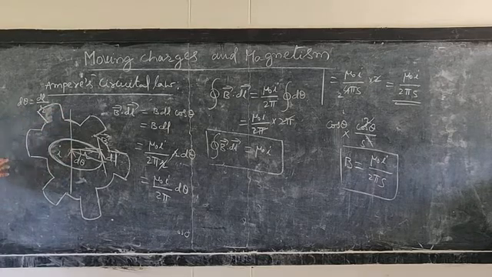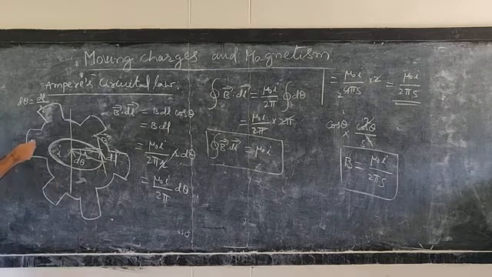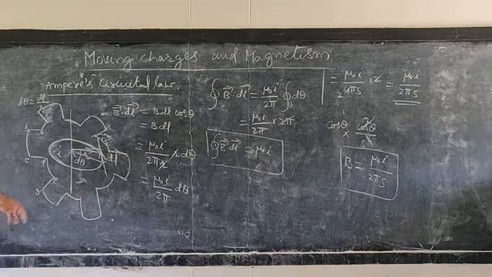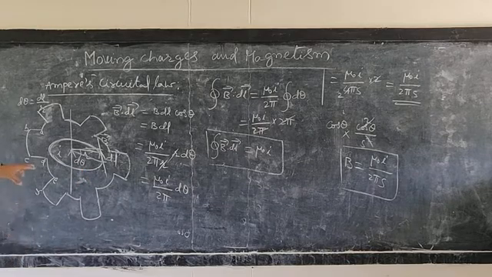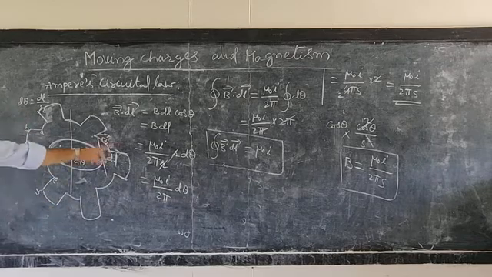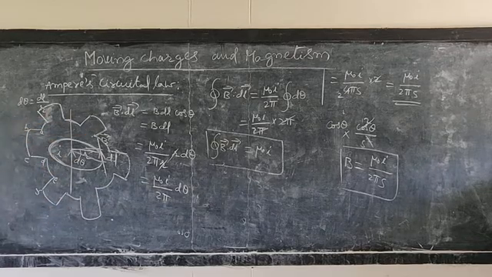So let us suppose this is a closed path, and let us indicate points on it as A, B, C, D, E, F and so on. Now let us see how Ampere's circuital law can be arrived at using this general type of closed path.